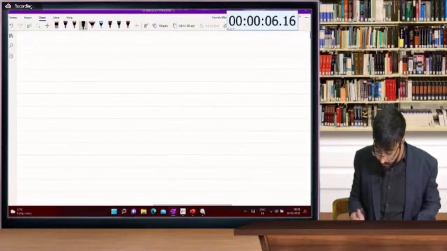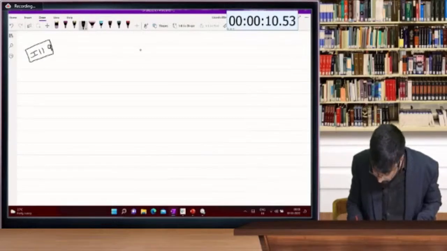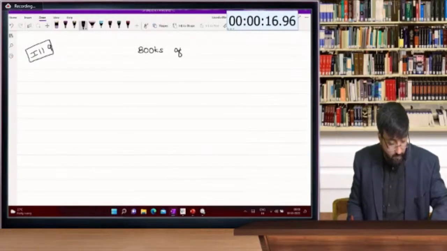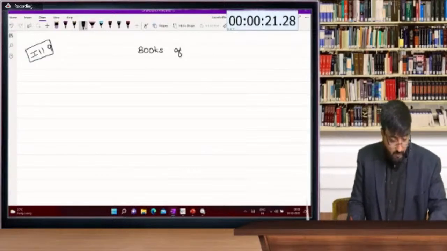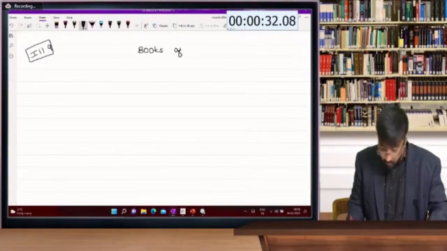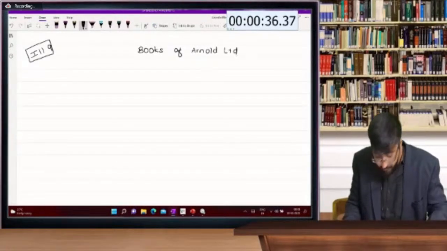So write down illustration 9. Books of Arnold Limited.